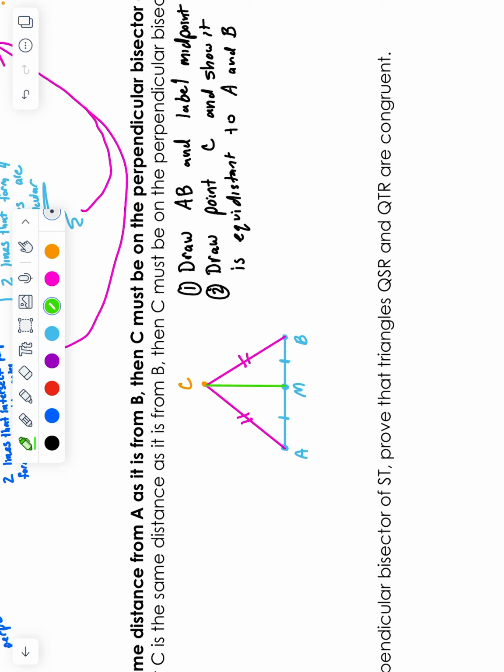Now I have two triangles. So I guess step 3, connect CM.